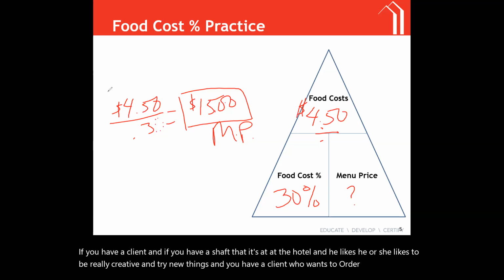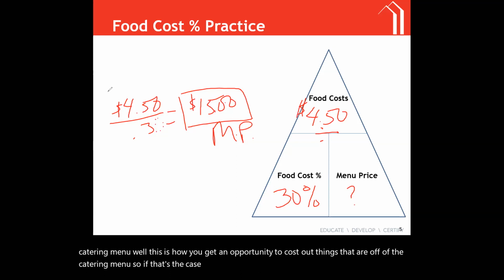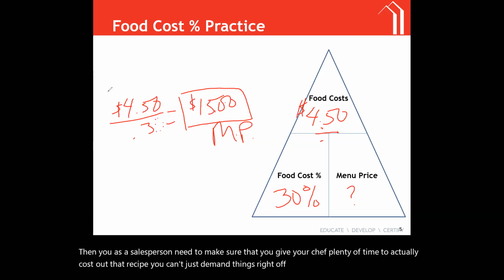So if that's the case, then you as a salesperson need to make sure that you give your chef plenty of time to actually cost out that recipe. You can't just demand things right off, really quickly. Give them enough time that they can calculate that effectively.